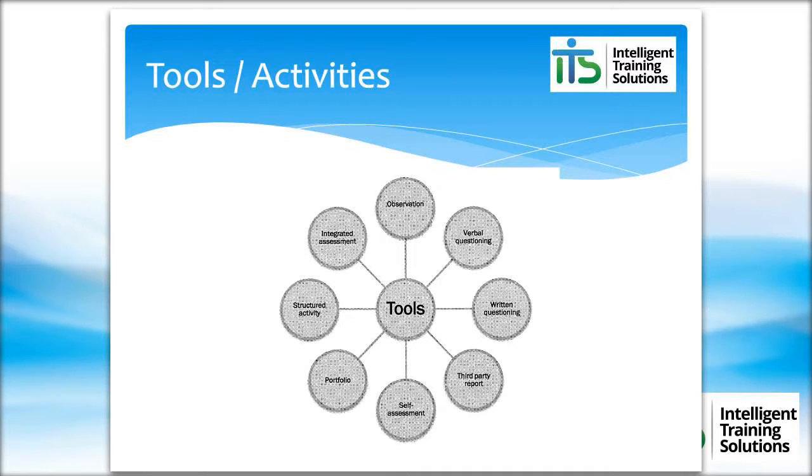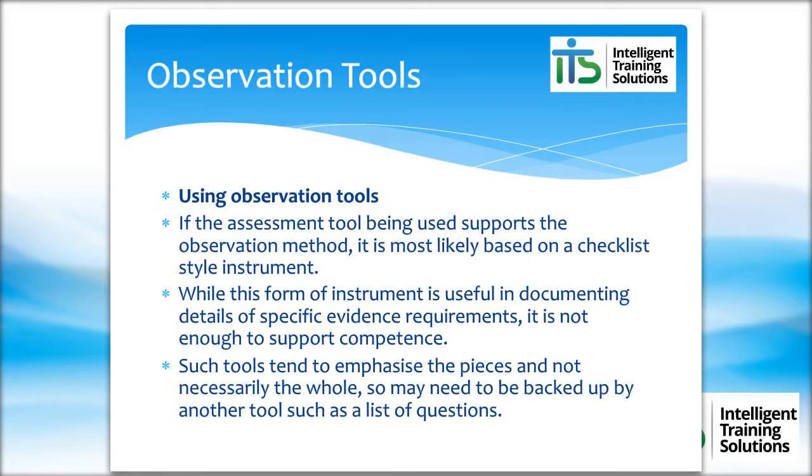Obviously verbal questioning and written questioning are looking at people's understanding of particular competencies or the ability to understand what they're doing. So just to watch them is not good enough, but to watch them and make sure that they understand what they're doing, why they're doing it, so to speak. So not just anyone can do something, but making sure that they understand why they're doing it is probably more paramount to being able to deem someone competent.